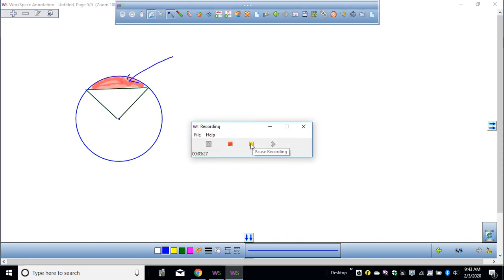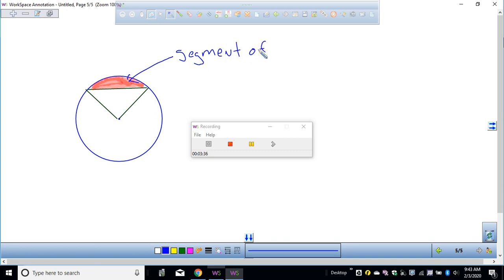It's time. This is called a segment. Segment of a circle. What pieces would I have to subtract to find the area of that segment? We find the area of the sector and then subtract the area of the triangle. Right.